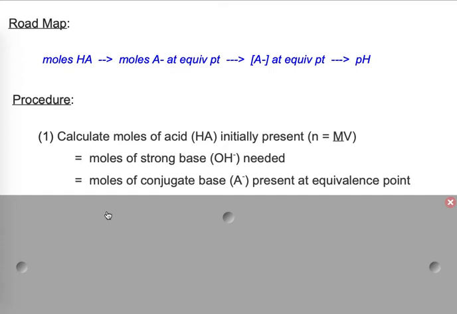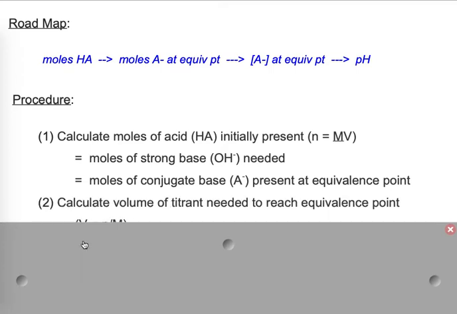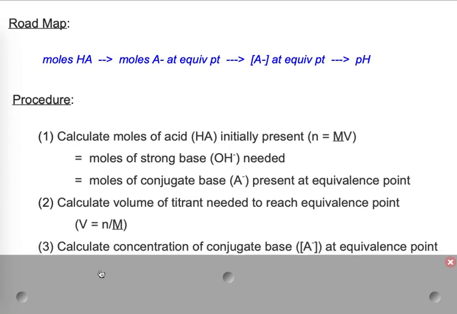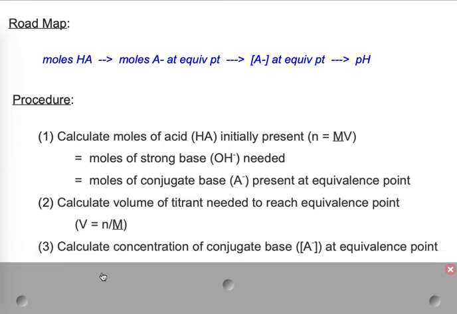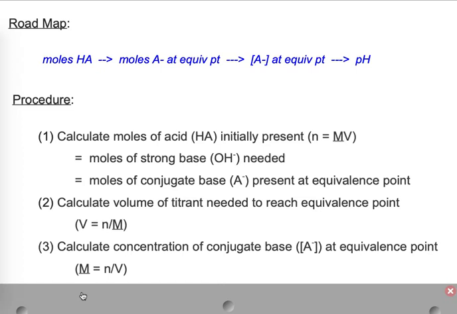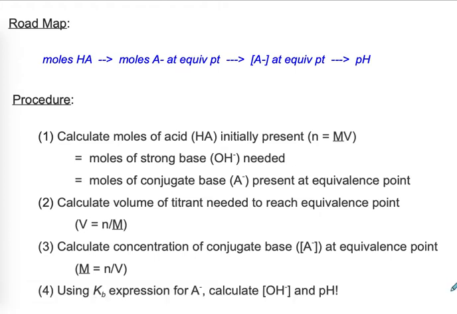Once we've done that, we calculate the volume of titrant potassium hydroxide solution needed to reach the equivalence point, volume equals moles over molarity. Then, step 3, we calculate the concentration of the conjugate base at the equivalence point, using molarity equals moles over volume. And then, in the final step, using the Kb expression for the conjugate base, calculate the hydroxide concentration, and from that, the pH. So, let's do this.